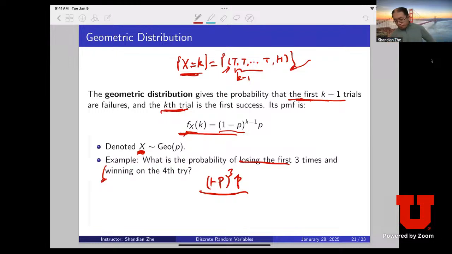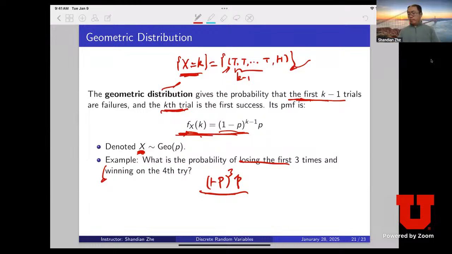Then the PMF value for any k will be much easier, because the probability of the event x equals k only contains one sequence. The sequence has the first k minus 1 trials as failures, and the last one is success.